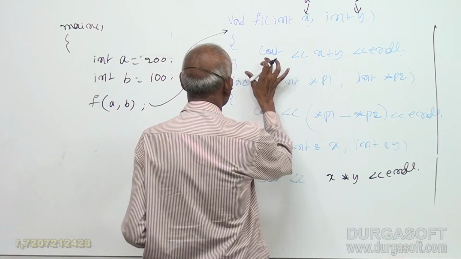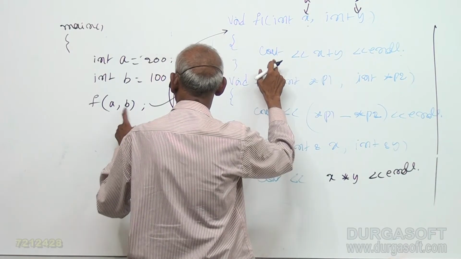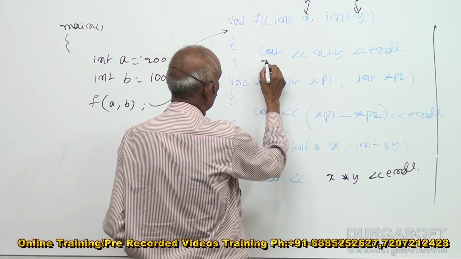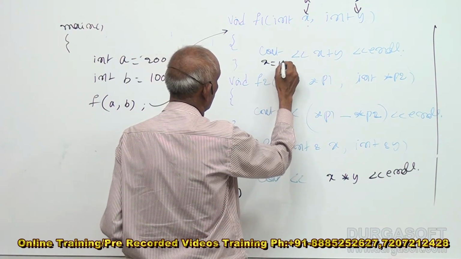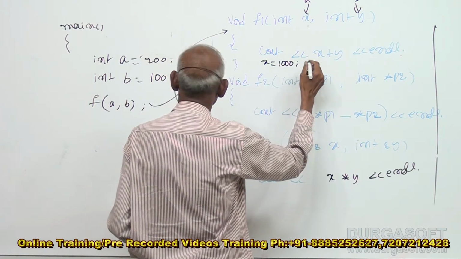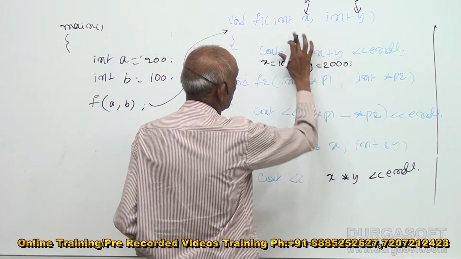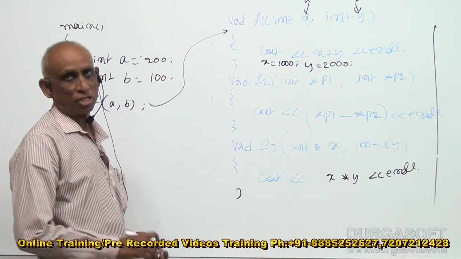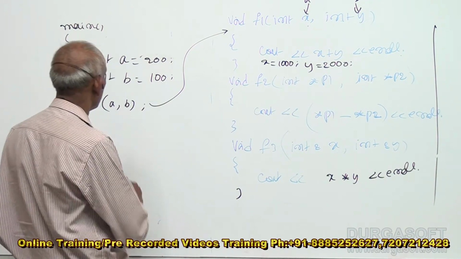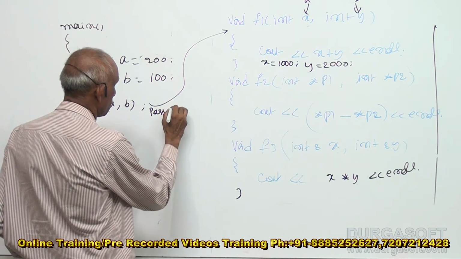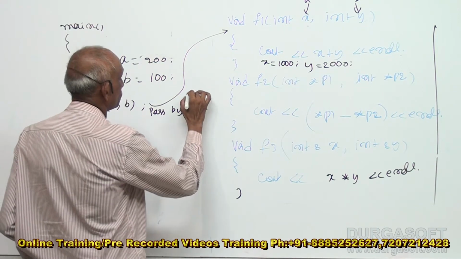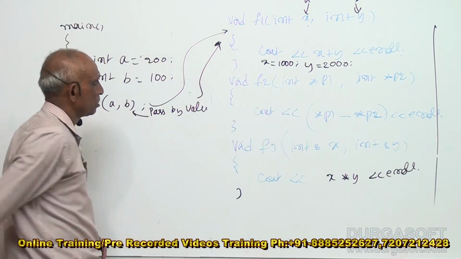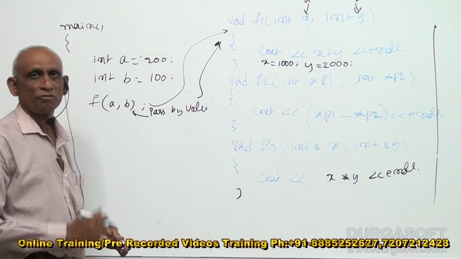This function can read the values of a and b, but cannot change them, because if I put x is equal to 1000, y is equal to 2000, the x and y values are changed, but they are copies, so the values of a and b will not change. So this is called pass by value.